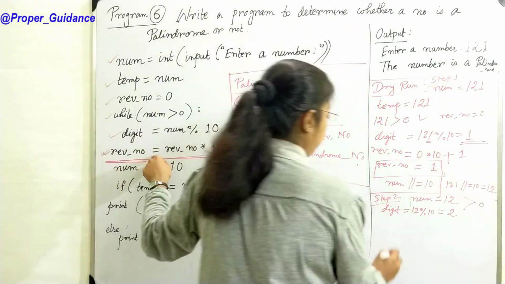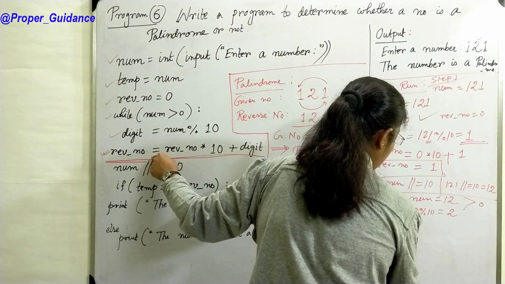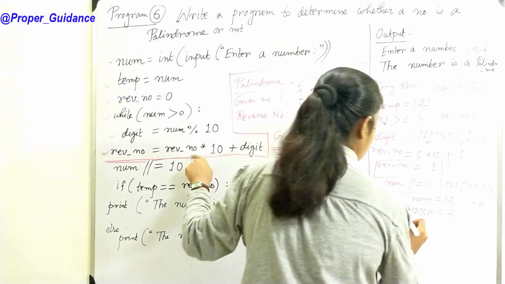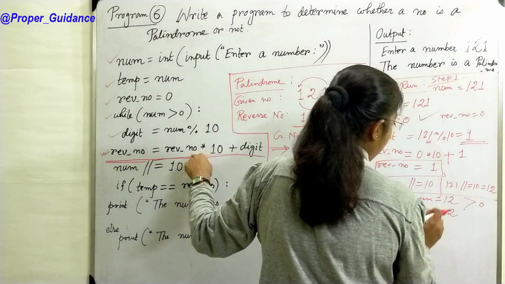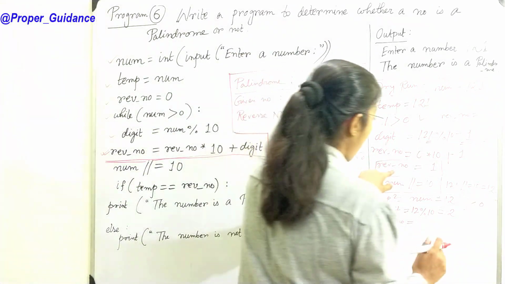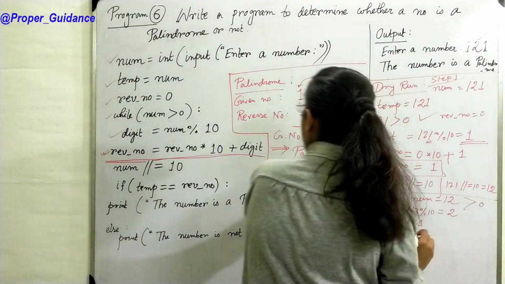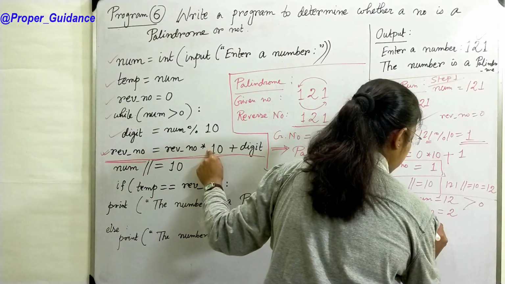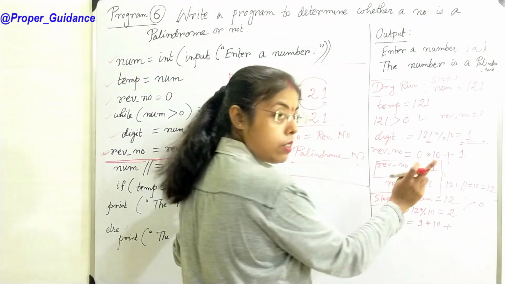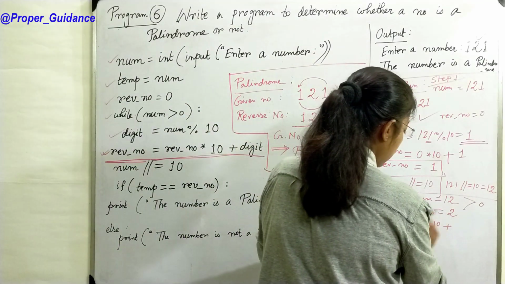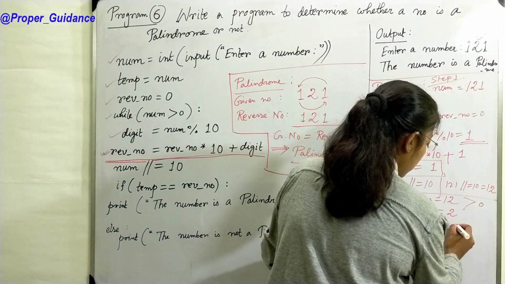So reverse number equals reverse number. Previously we got the reverse number in the box, and that's why 1 into 10 plus the digit value. The digit value we get here, 12 modulus 10, is 2.